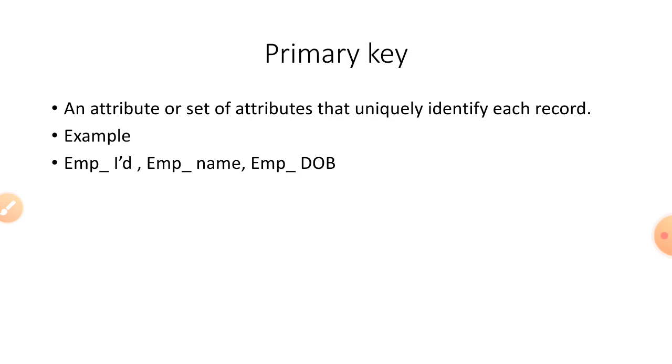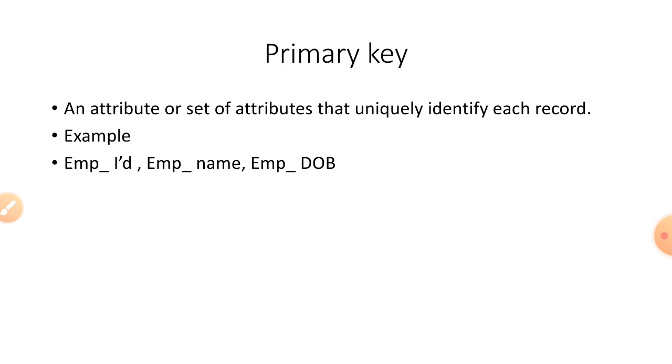This is a very important point: in a relational database table, each table must consist of only one primary key. So a primary key is necessary in a relational database table.